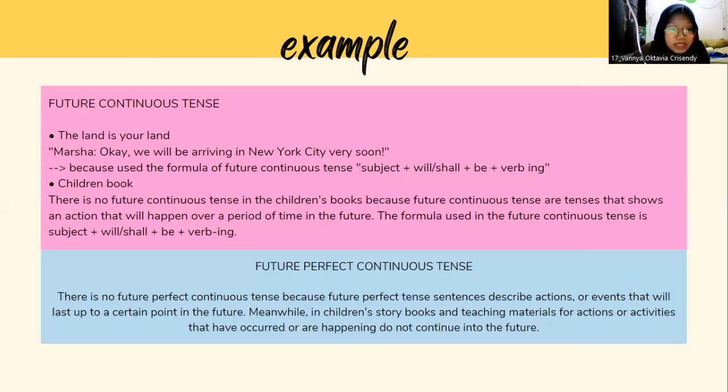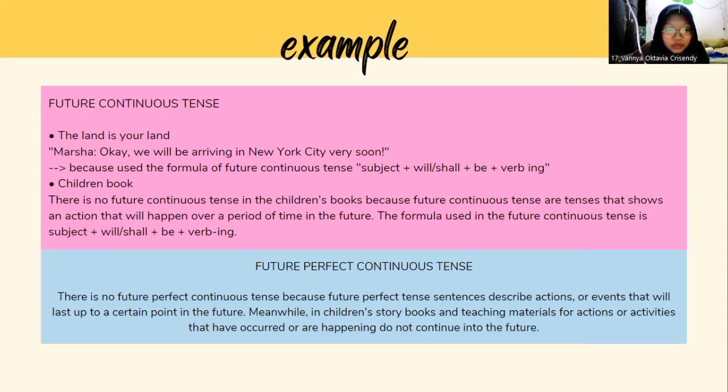From the children's book, there is no future continuous tense, because future continuous tense shows an action that will happen over a period of time in the future. The formula used in the future continuous tense is subject plus will or shall plus be plus verb in.